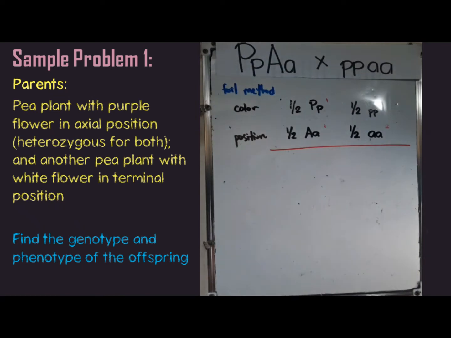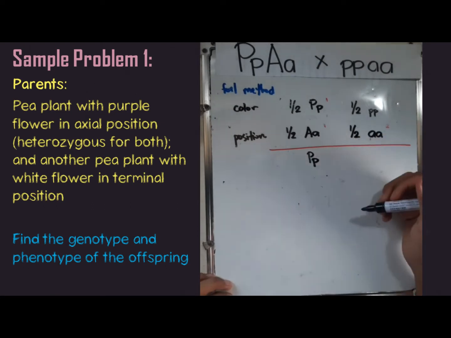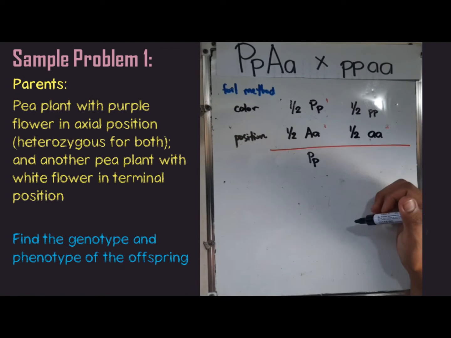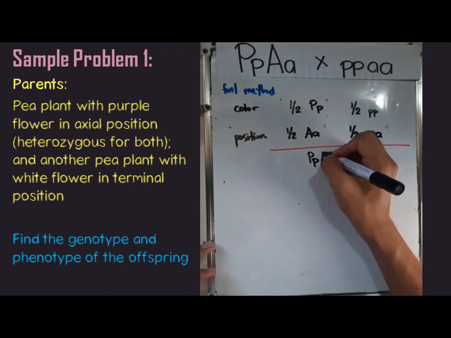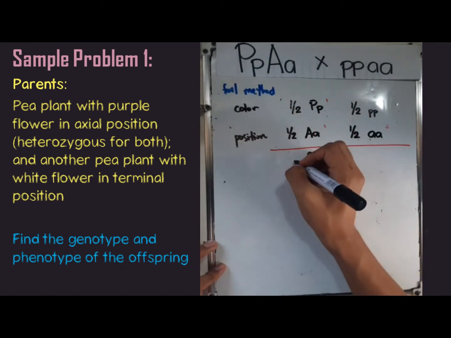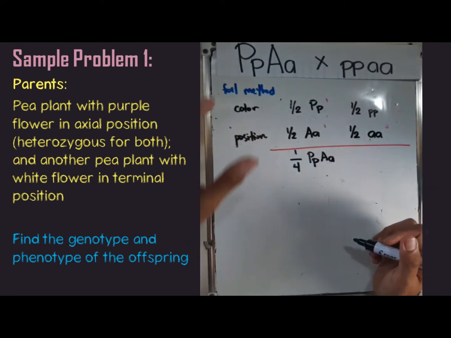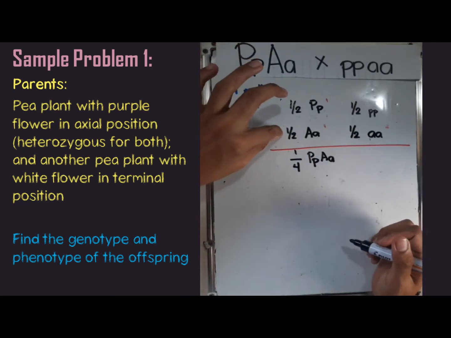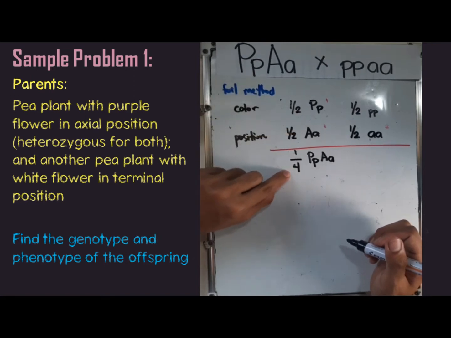So now we're going to start by copying the genotype of the very first term of the first trait, then the very first term of the second trait. Then we multiply their fractions, because 1 times 1 for our numerator is 1, and then 2 times 2 is 4.